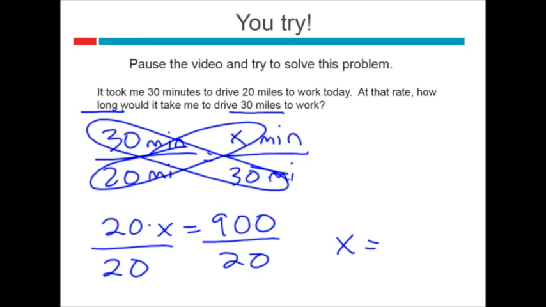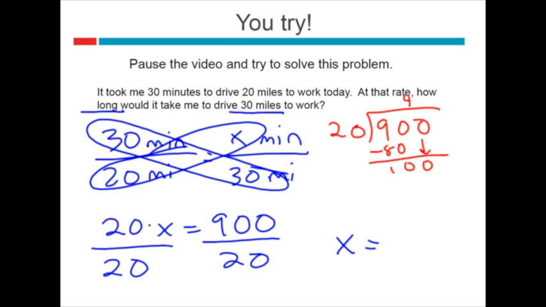And let me do that out up here to find out what that answer is. So 20 goes into 90 4 times. Minus 80 is 10. Bring down the 0. 20 goes into 100 5 times. And now I have no remainder. So the answer would be 45. It would take me 45 minutes to drive 30 miles.